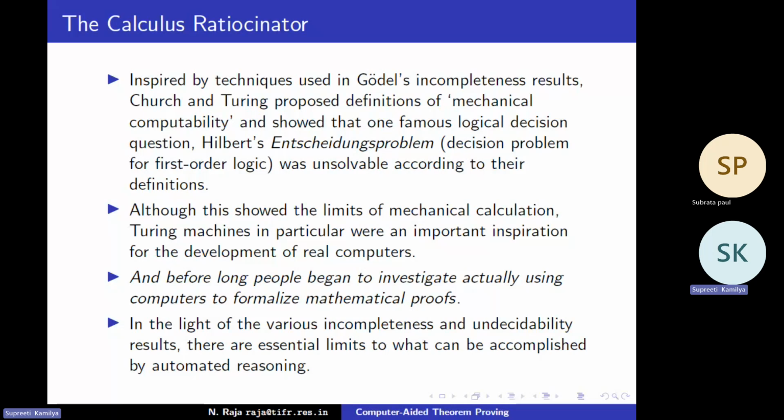You can clearly show impossibility results: if you have a machine of that sort, then you can end up solving the halting problem, which is clearly unsolvable. So there are limits to what you can do with completely automated reasoning, with computer-aided proof, but nevertheless, there are interesting possibilities which have been explored.